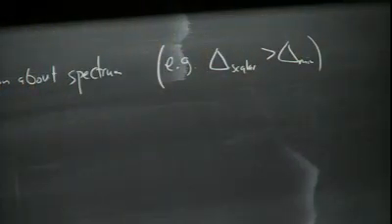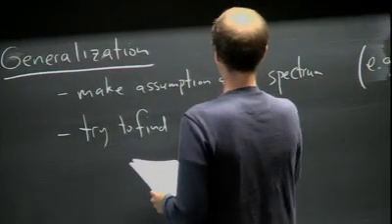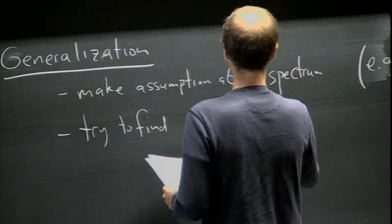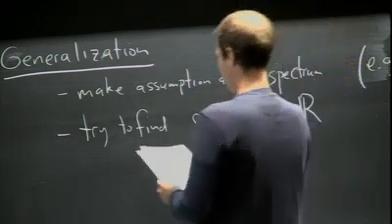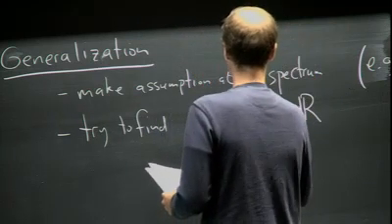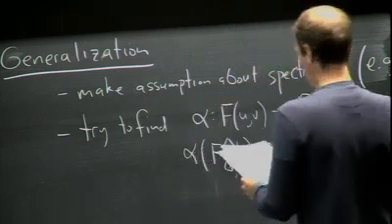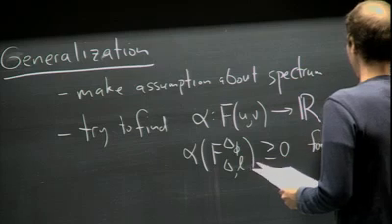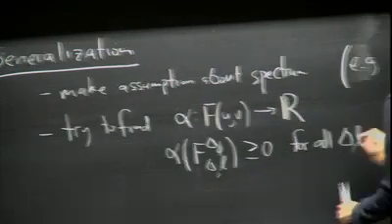And so now we try to find a separating plane. A separating plane is a functional that takes a function of two variables to the real numbers, such that this functional is positive for all delta and L in the spectrum.